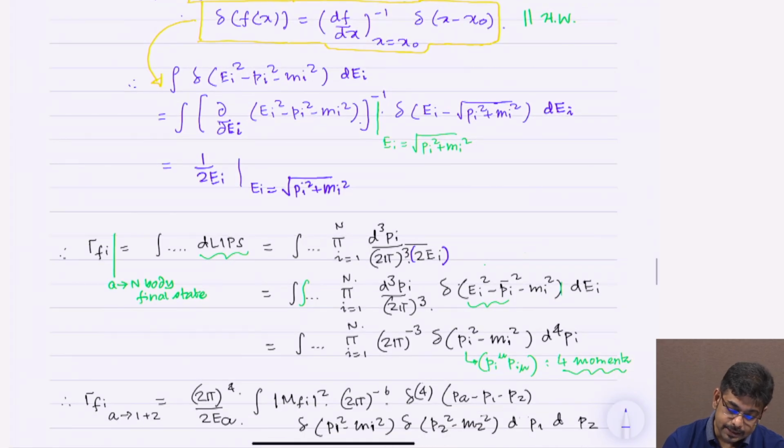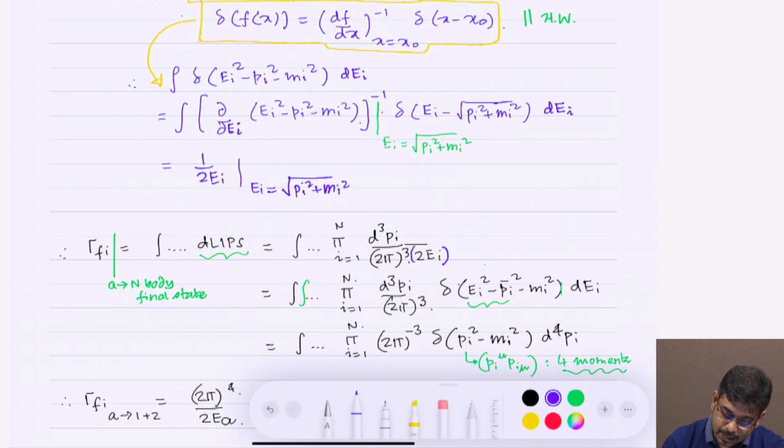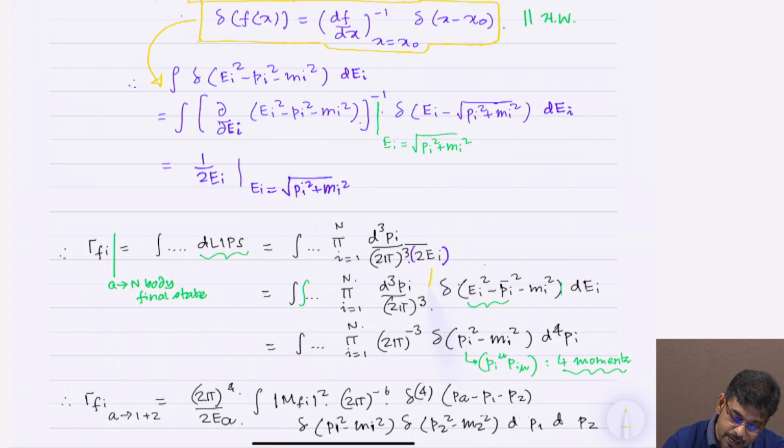I am saying that this is now an integral of dEi. Of course, within the product over i equal to 1 to n, we have this d cube Pi by 2 pi whole cube, and 1 by 2 Ei is replaced by this delta function, delta of Ei square minus Pi square minus Mi square, into dEi.